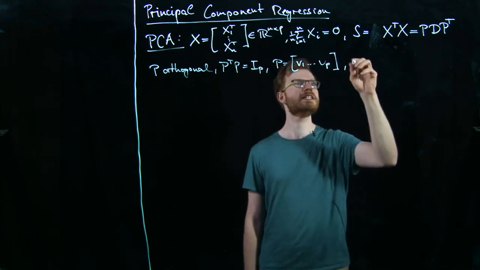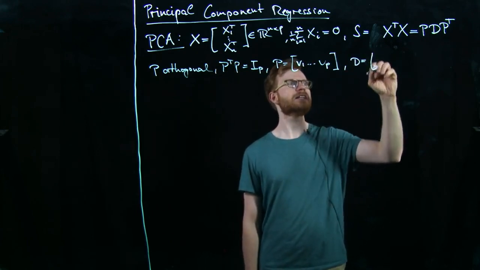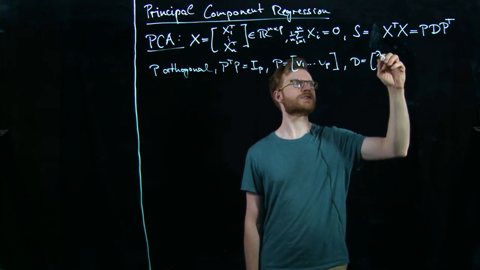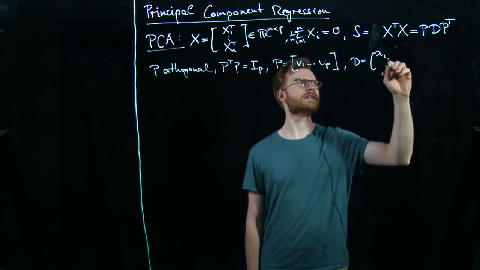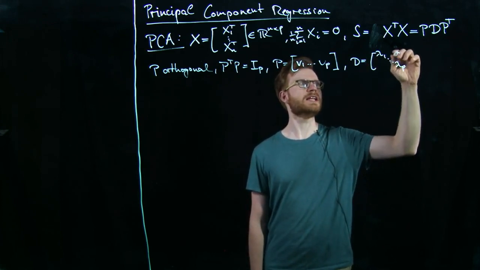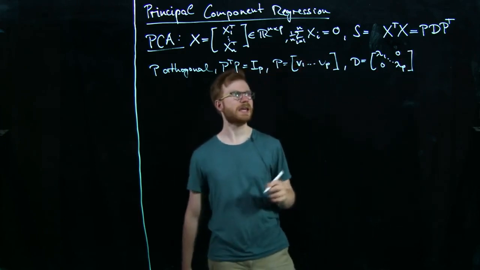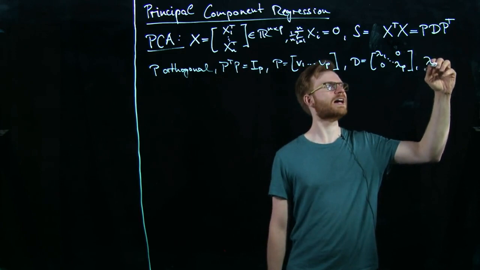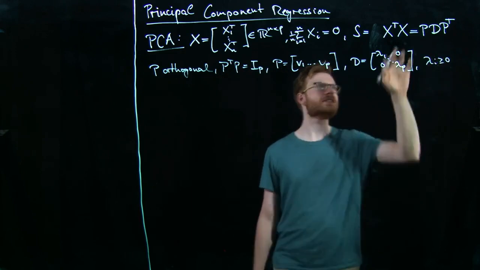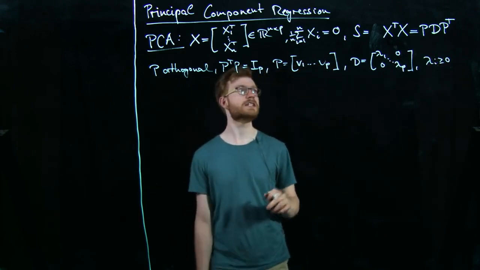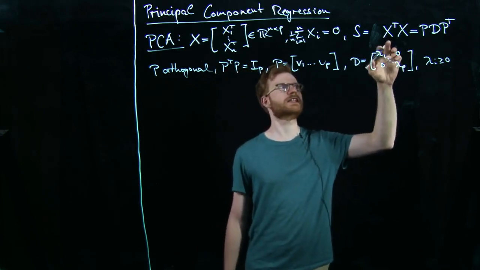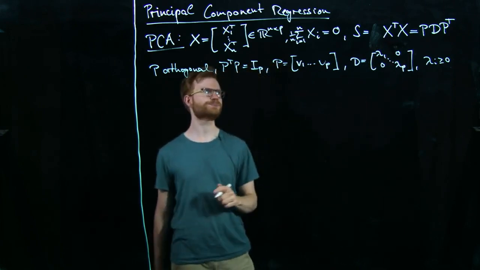Moreover, there's this matrix D. D is a diagonal matrix. And let's call its entries lambda1 up to lambda p. And the rest is 0. And all these lambda i are larger or equal than 0 because this matrix is positive semi-definite, because it is a product of two matrices like this, X transpose times X.